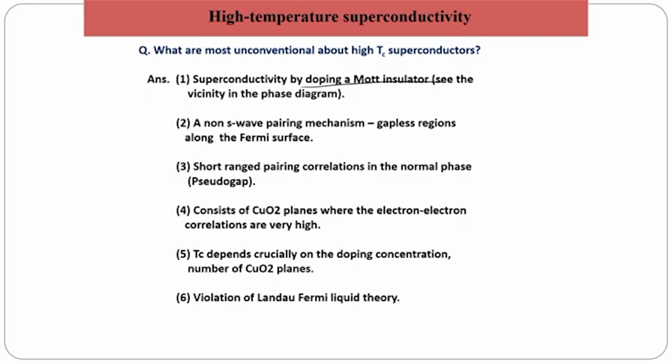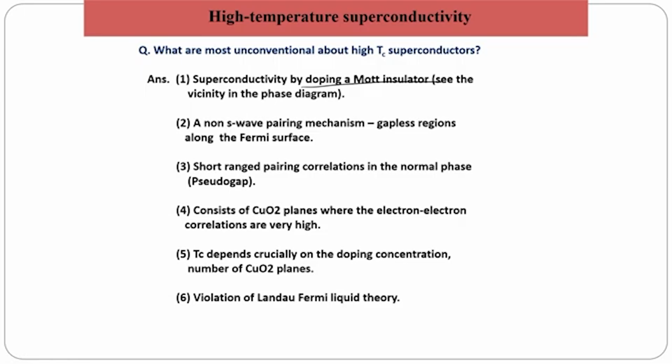There are gapless regions from the angle resolved photoemission studies. There are gapless regions in the Fermi surface. There is a pseudo gap in the normal phase. Copper oxide planes where the electron correlations are high. TC depends on doping concentration and also the number of copper oxide planes.